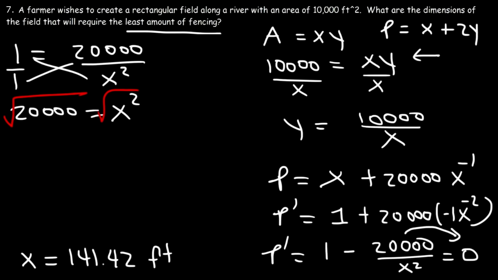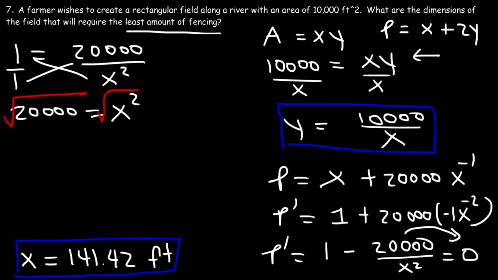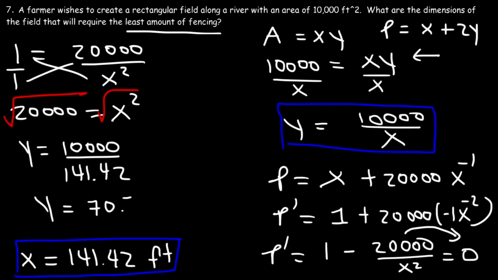So now that we have x, let's go ahead and calculate y using this equation. So y is going to be 10,000 divided by x, or divided by 141.42. So that's going to be about 70.7 feet. So that's the value for y.